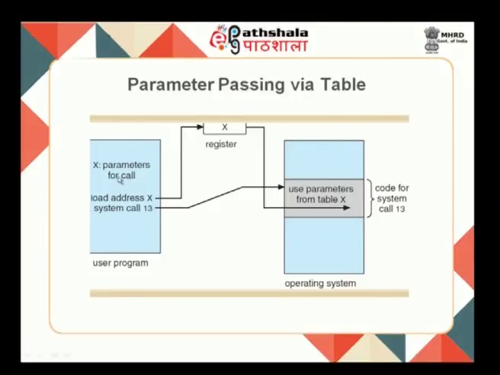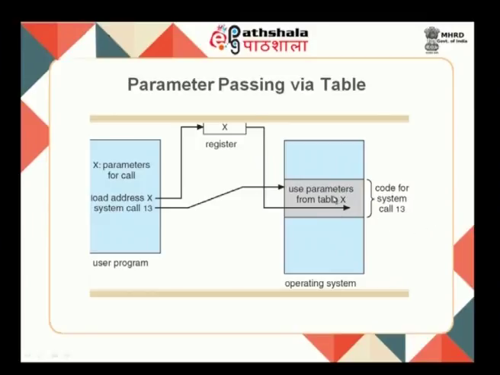You have parameters for the call, you place them into a memory space at memory address x, and this address x alone is placed in the register. The system call you are invoking is system call number 13, and corresponding to it there is code in the operating system.